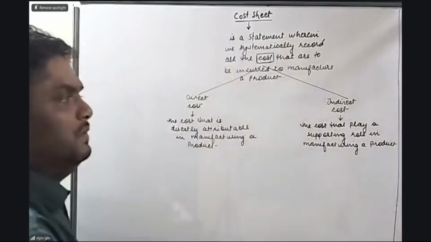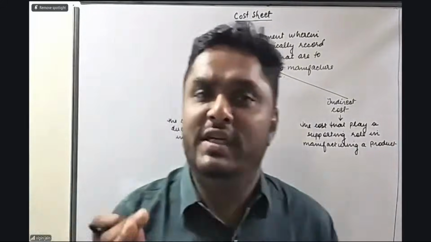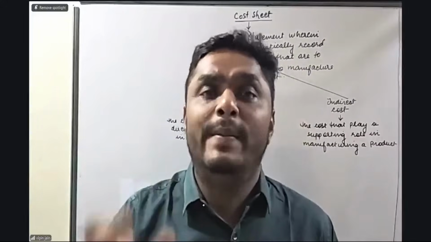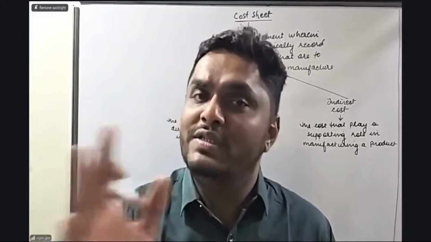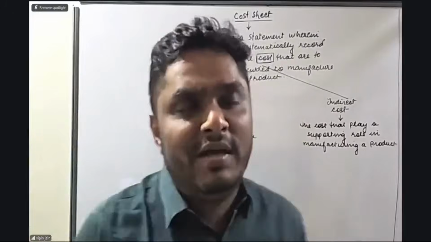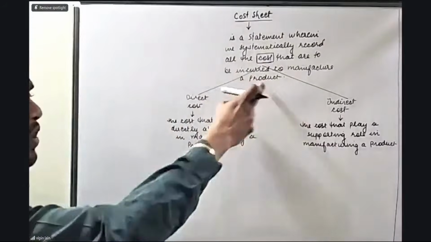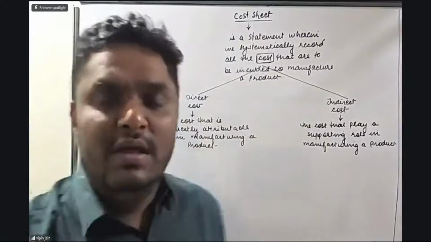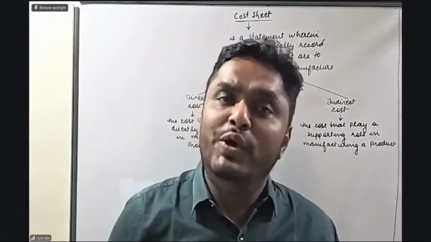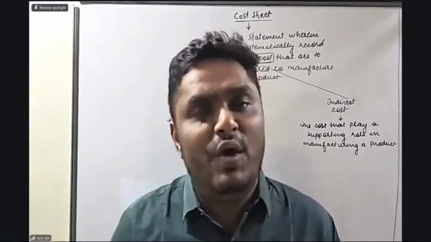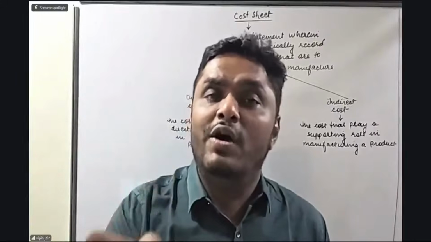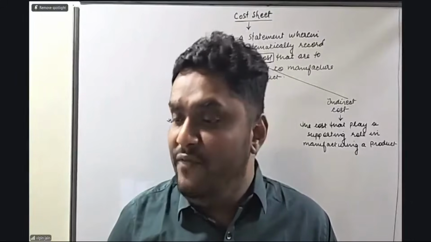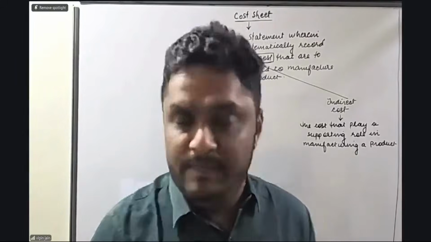So cost sheet is a statement wherein we systematically record all the costs that are related to manufacture a product. Cost can be classified in two parts, direct and indirect cost. Direct cost is the cost that is directly attributable in manufacturing a product. Indirect cost is the cost that plays a supporting role in manufacturing a product.